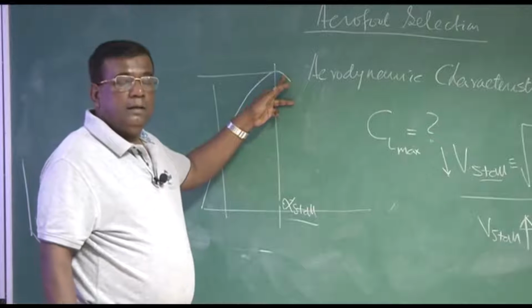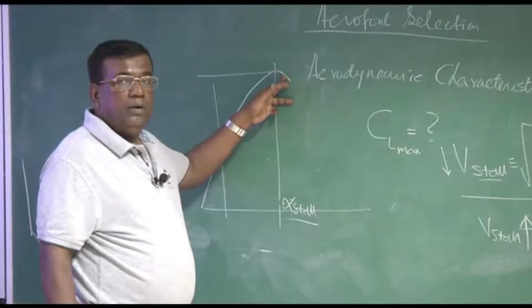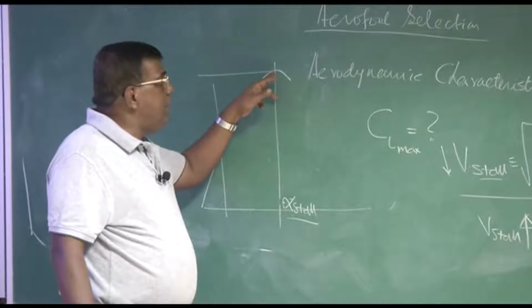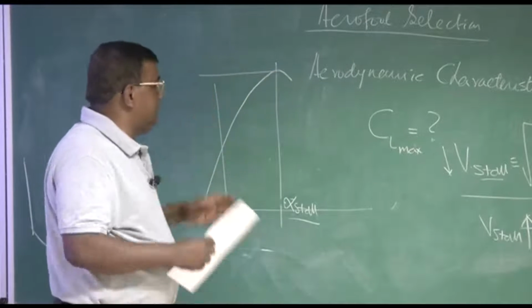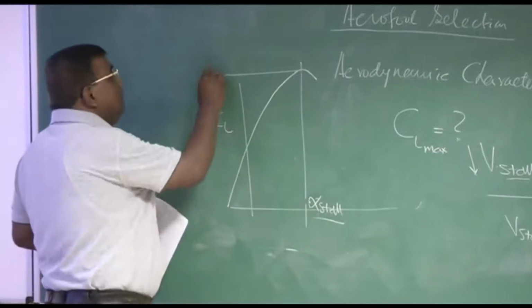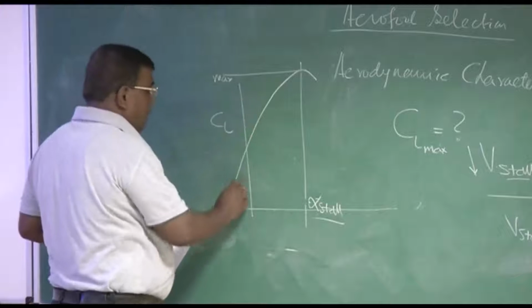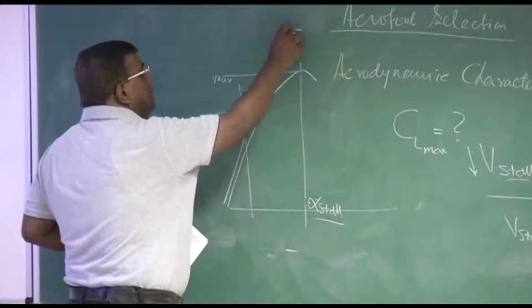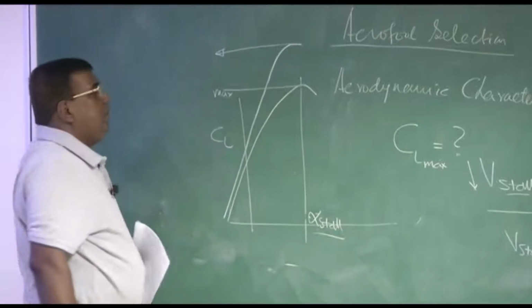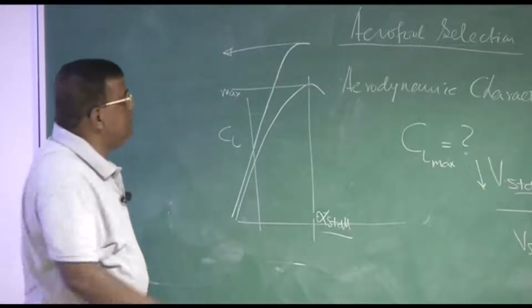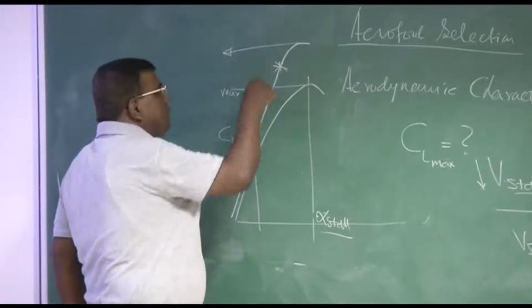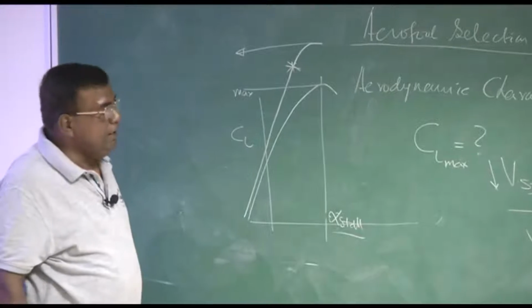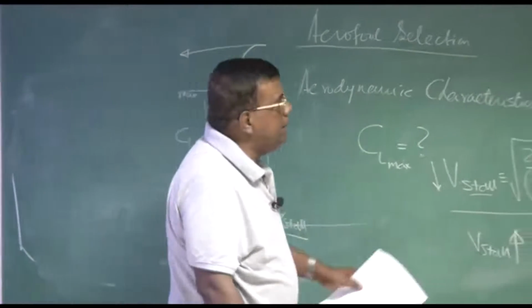So that's a very, very bad way of operation. You do not operate at this point. Why would you be operating at this point? Because you want high CLmax. This is CL. So instead, if the CLmax is higher because of the aerofoil or because of other considerations, you can as well fly here during takeoff and landing. So you are safe. So there is a reason why you want to operate at high CLmax.